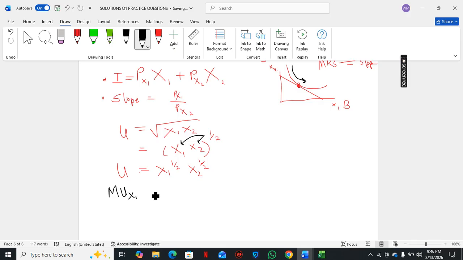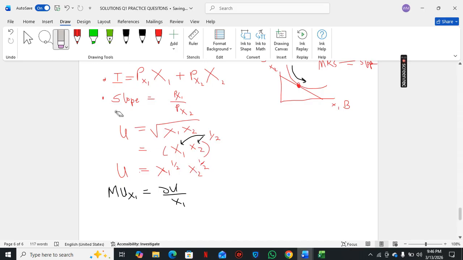So it means you are deriving this function with respect to x1. So we're going to put it like this: deriving the utility function with respect to x1. Let me convert these into decimals so that it makes life easy.